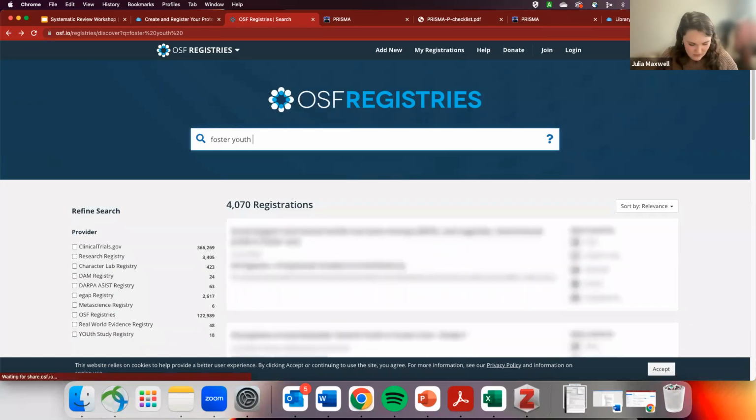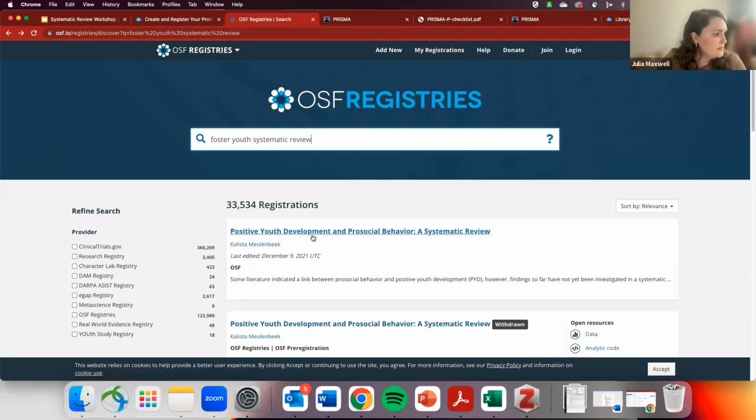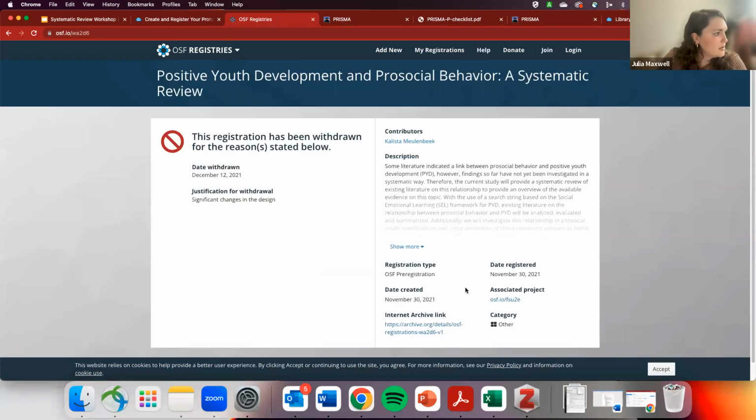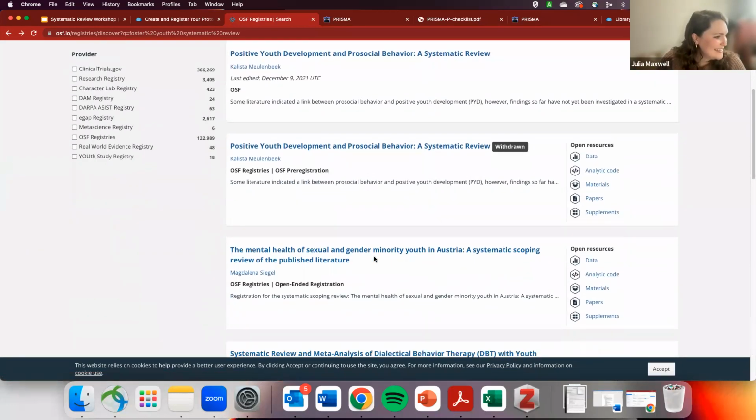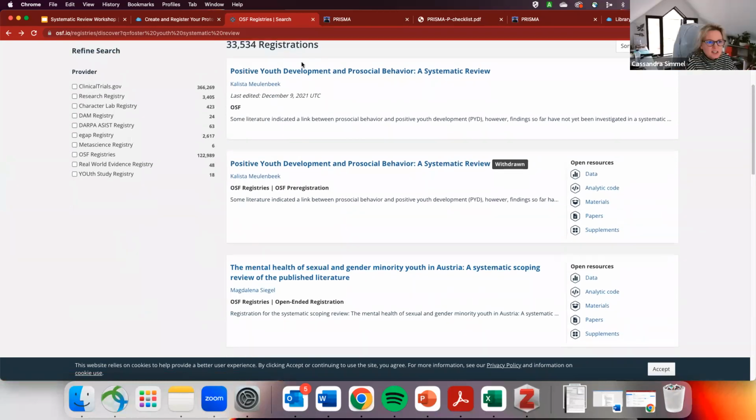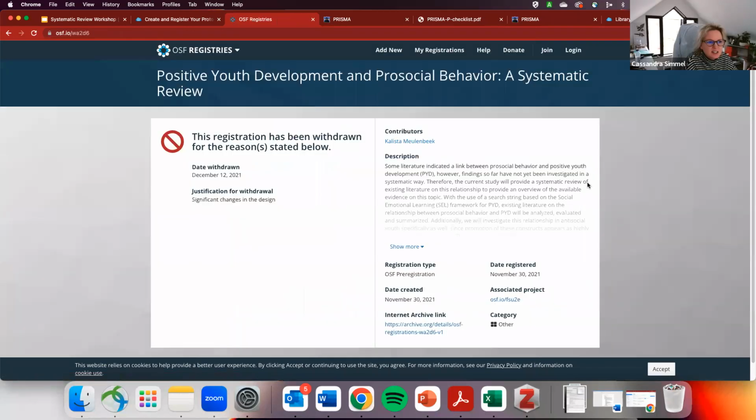I'm going to add systematic review. There we go. Let's try that. Oh, withdrawn. Okay, cool. Sometimes that happens too. Why was it withdrawn? Because they never did it? Yeah, it looks like it. Let's see. Significant changes in the design.